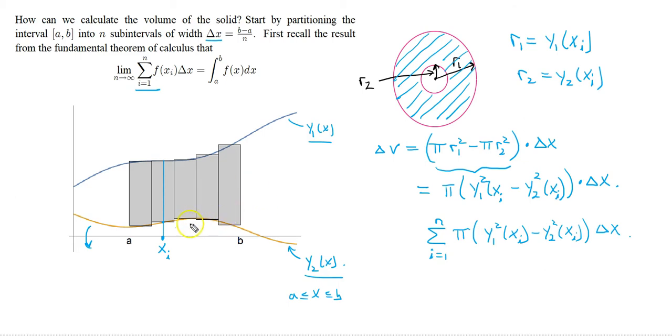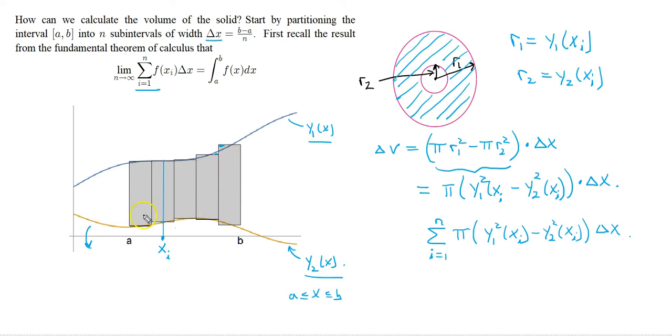So now this is going to be an approximation to the volume of the solid that we want to find. Now, as we let the number of partitions n go to infinity, these rectangles will perfectly fill in the area between the two curves. You see, as we have it pictured here now, we have some area that's above the curve and some area that's missing right here.